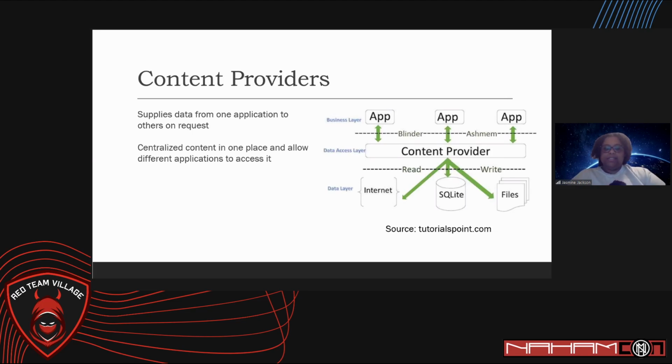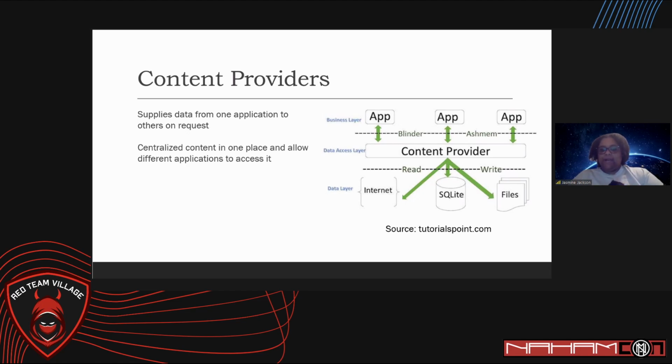Content providers. This supplies data from one application to others on request. You can think of a content provider as a centralized place of content, and it allows different applications to access it. If you look to the right of this slide, you will see 3 apps. The content provider is in the middle, and then you will see the internet, a database, SQL files, and you can read and write.